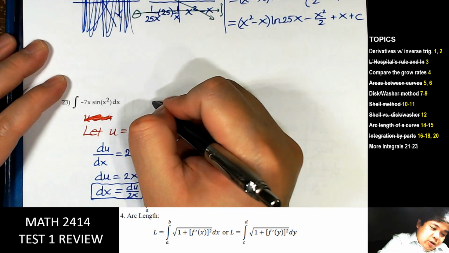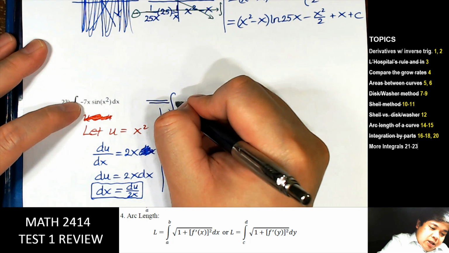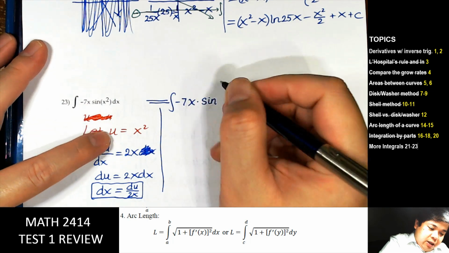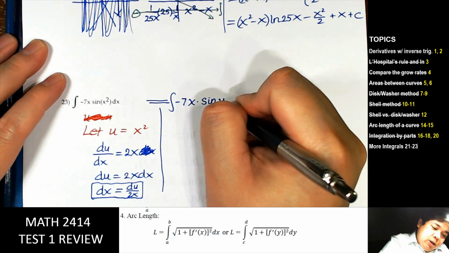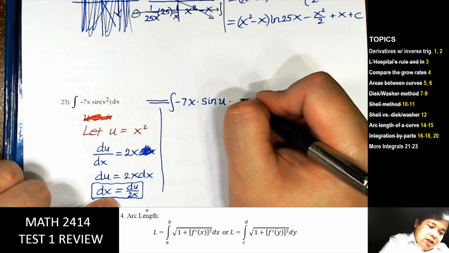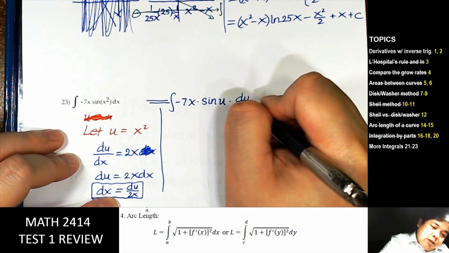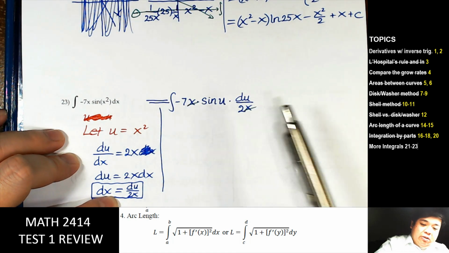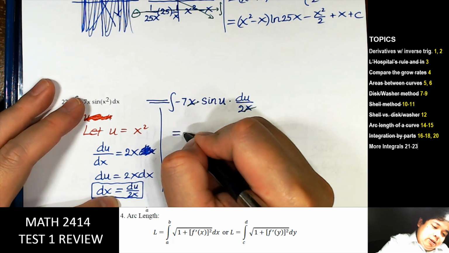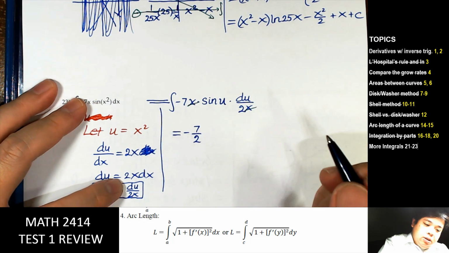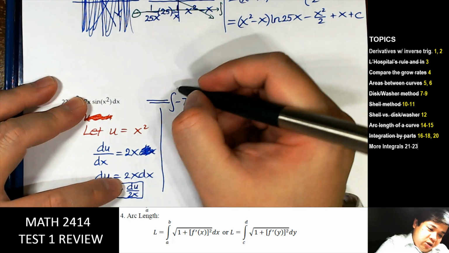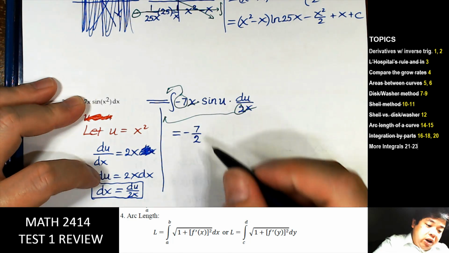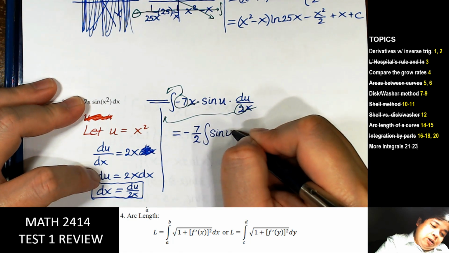And then we will substitute into our problem. Still negative 7x times sine of u, because x squared is u. Dx is du over 2x. Cancel on x, and we have negative 7 over 2. We'll take those outside, negative 7 on the top, the 2 at the bottom, and then we're only left with sine of u du.